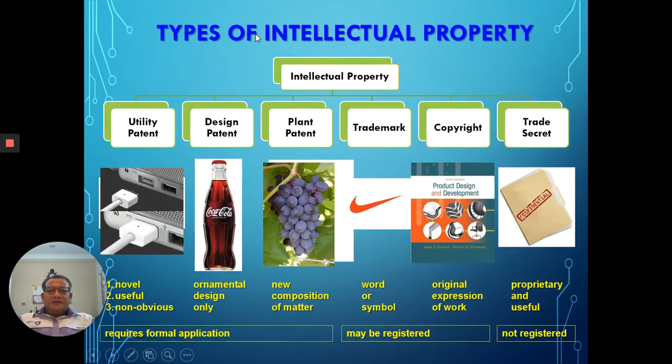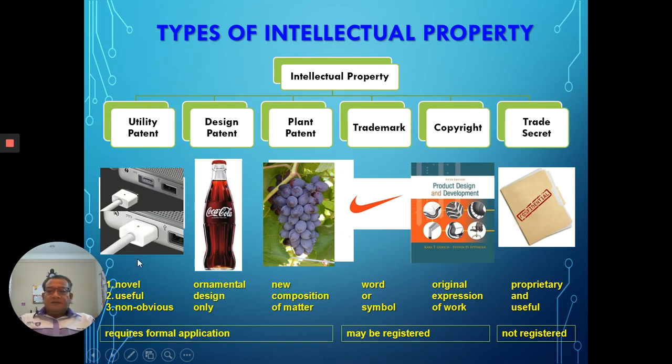There are a few types of intellectual property that have been discussed in the textbook. Intellectual property could be translated in the form of utility or patent. For example, a utility patent for transferring data in a format like USB, Universal Serial Bus.